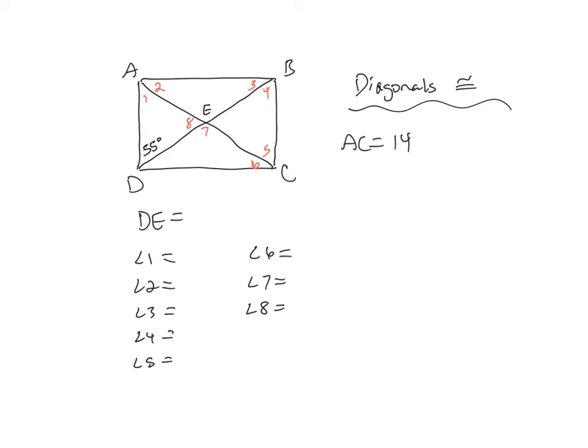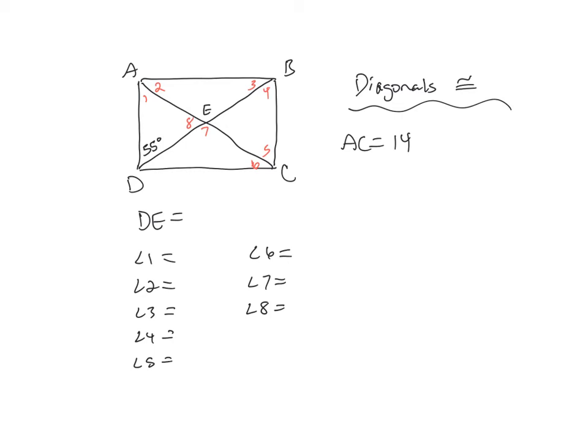Okay, so again, if you keep in mind that this is a parallelogram, so opposite sides are congruent, opposite angles are congruent, the consecutive angles are supplementary, and that diagonals bisect each other. That diagonals bisect each other is a big help in this problem.